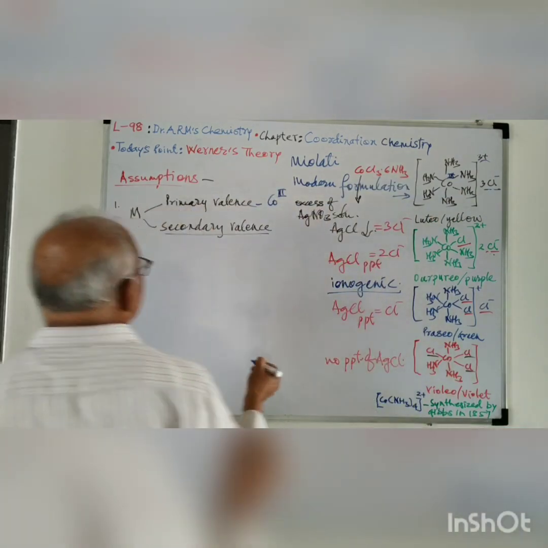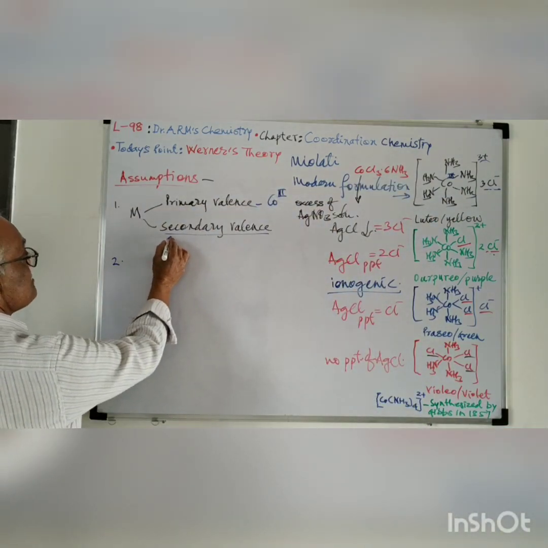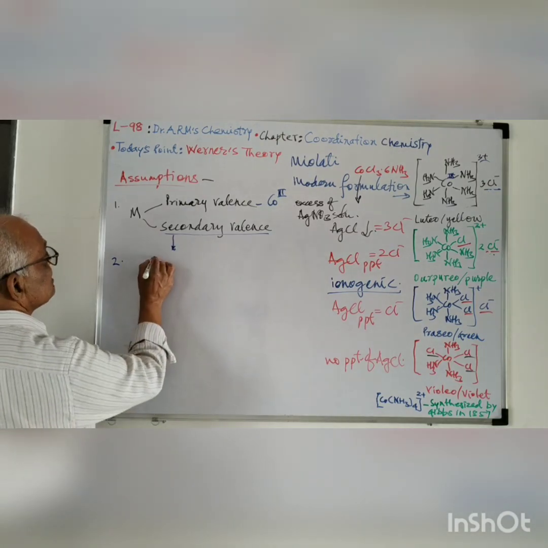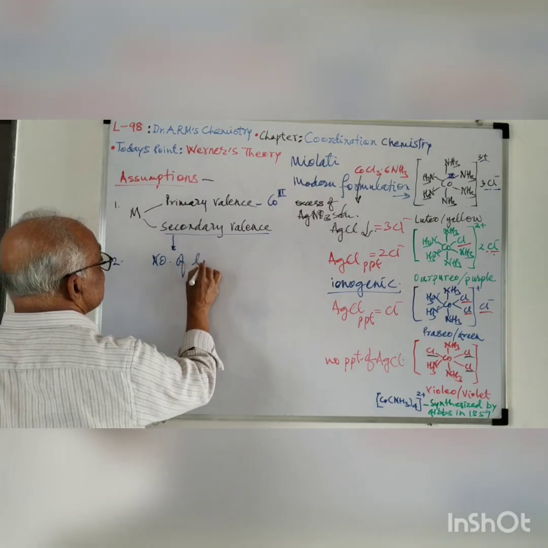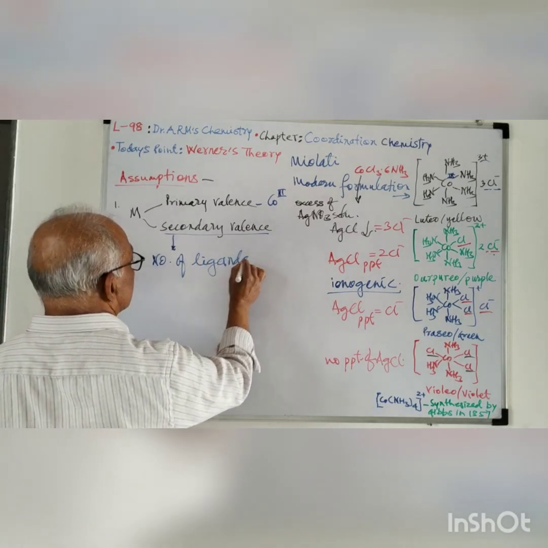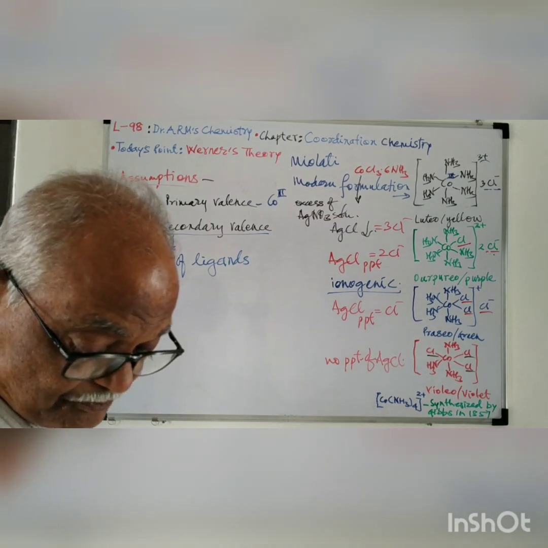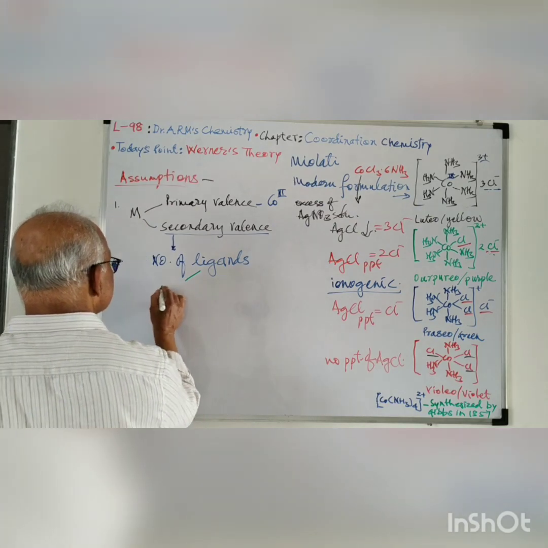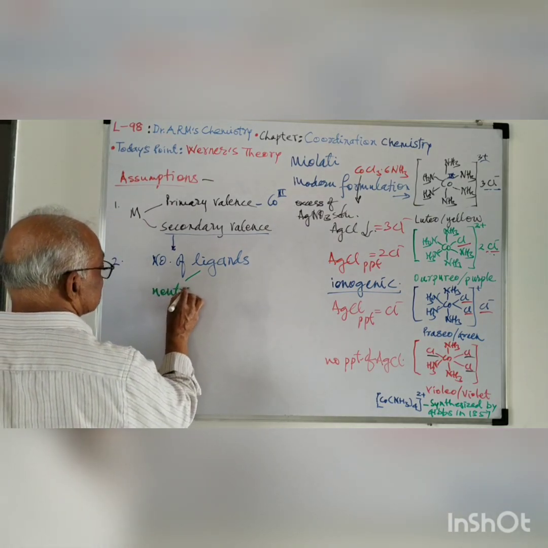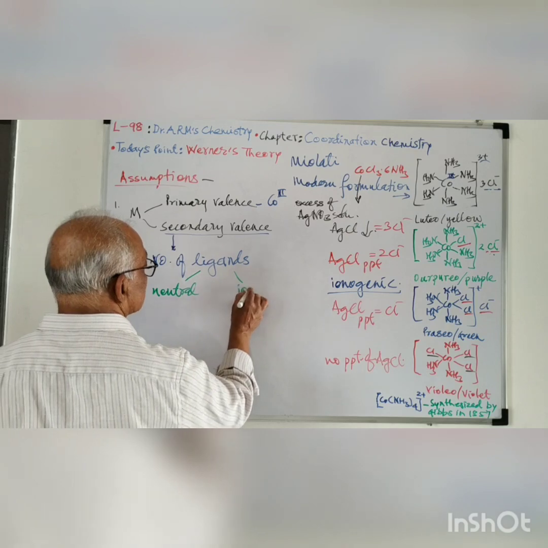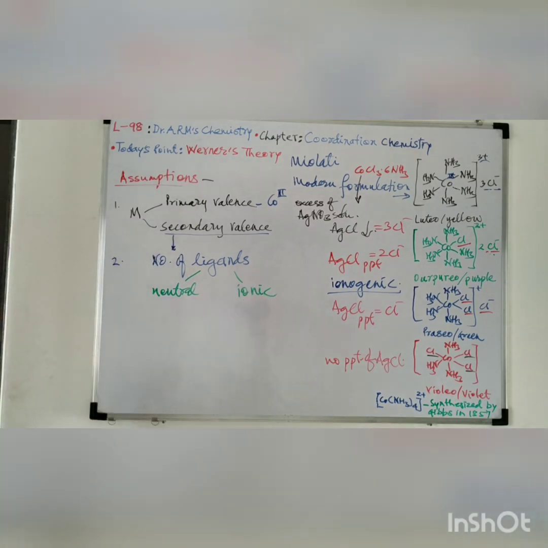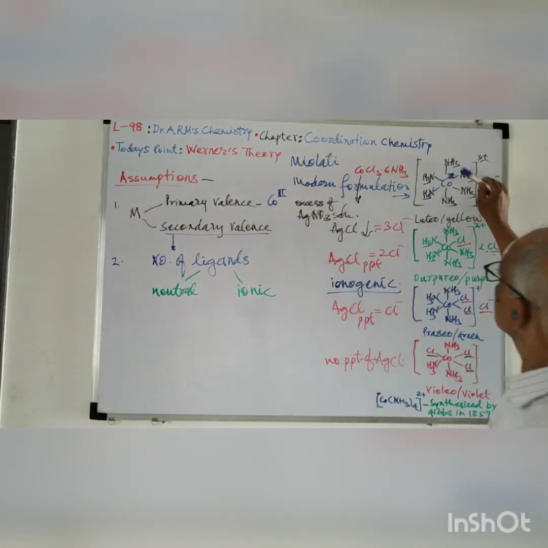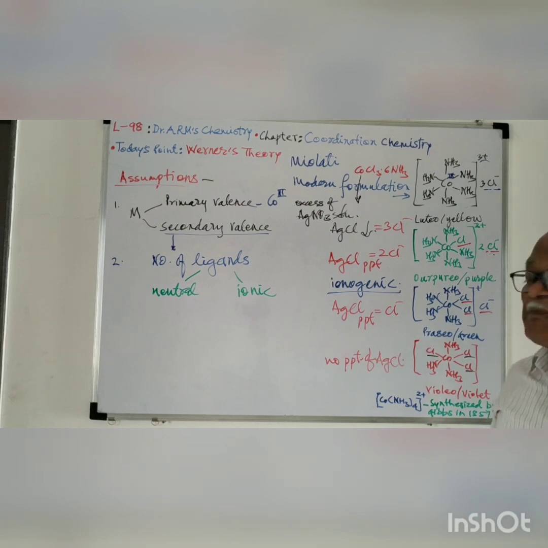Then this secondary valence is associated with the number of ligands, which may be neutral or ionic. In the example here, NH3 is a neutral species.